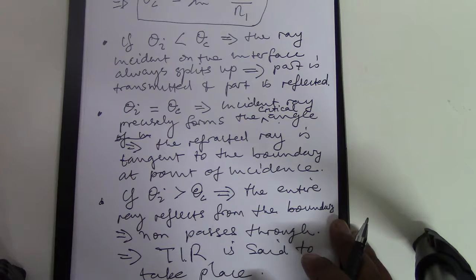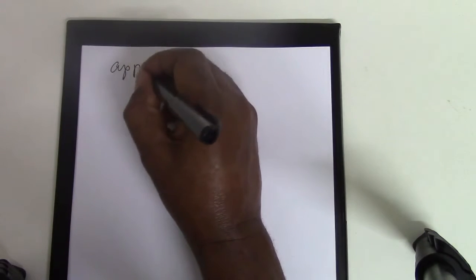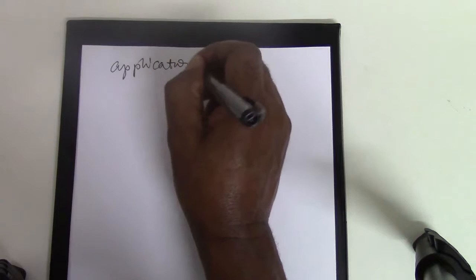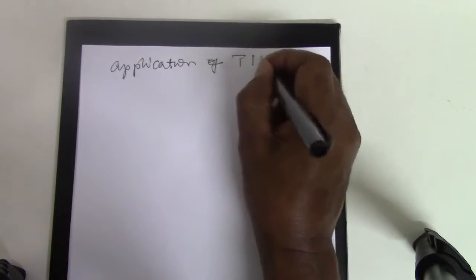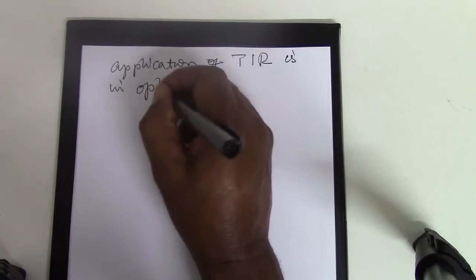This is what we mean. Now, total internal reflection finds application in optical fibers. In other words, the application of total internal reflection is in optical fibers.